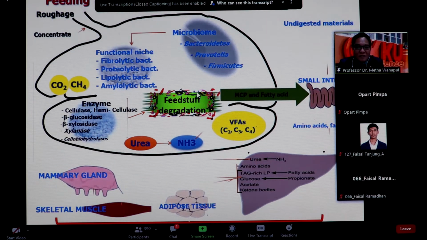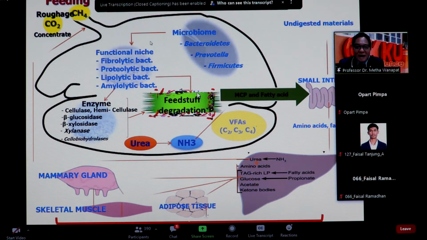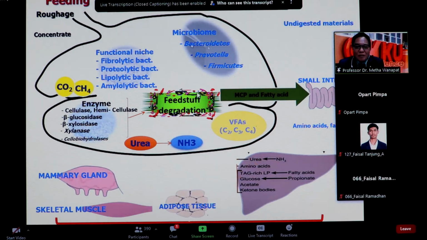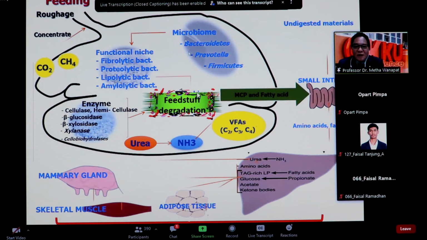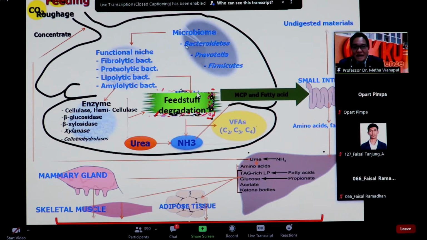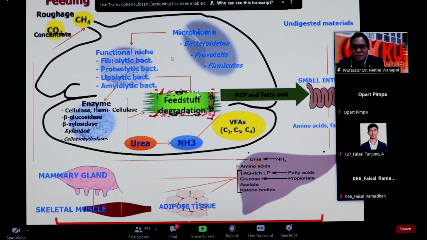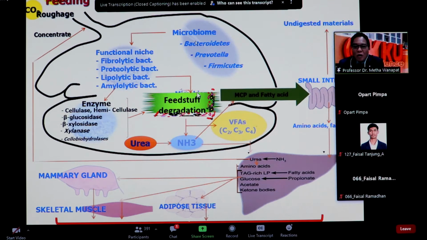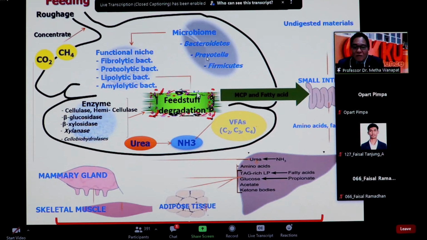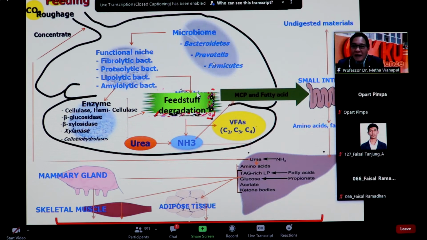You can see all of them will be degraded, okay, by the enzymes created by the microbiome here. This is an area of interest by scientists right now, that graduate students and postdocs can work more on: the microbiome from bacteria, protozoa, fungi, and methanogens.